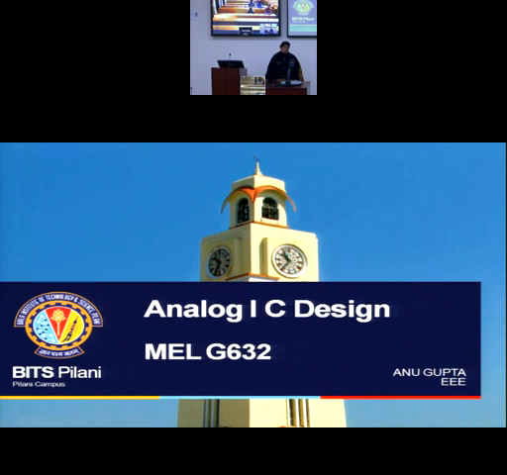A very good example of this is a sigma delta A to D converter, which is a combination of analog and digital. Otherwise, your flash ADC, your pipeline ADC, are more or less dominated by analog designs. But sigma delta was one application where data conversion is partly done by analog and partly by digital techniques.